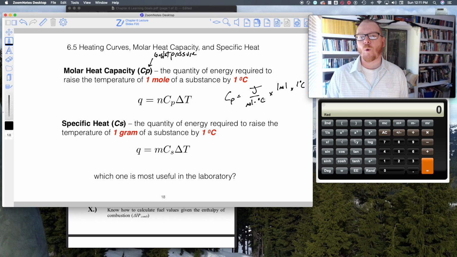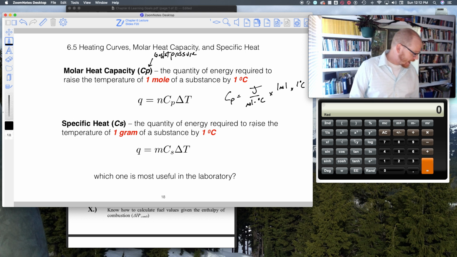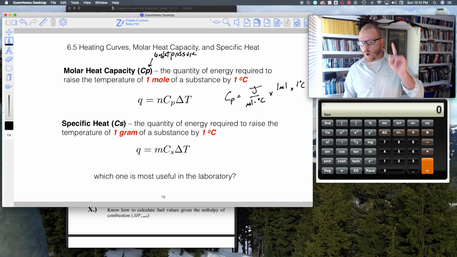So, for example, water is 4.18 joules per mole per degree C. Or no, it's not 4.18. Excuse me. I have it right here in front of me. It's 75. So to take 1 mole of water and raise it by 1 degrees Celsius, it takes 75 some odd joules. Okay, so that's what this heat capacity means.